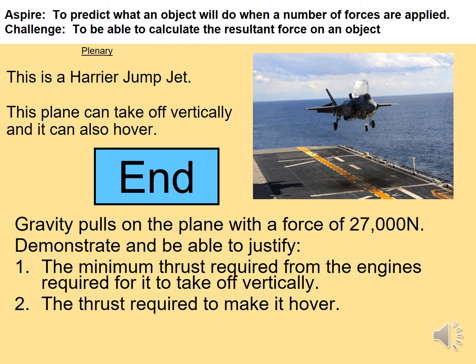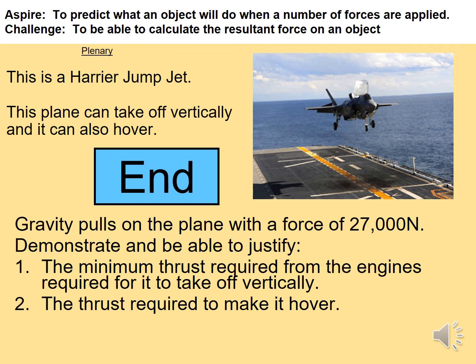If I wanted it to take off quicker, then I would unbalance the forces by a larger amount. So hopefully you've written a number greater than 27,000 newtons as your answer. It did require the minimum thrust though, so 27,001 newtons would be the correct answer.